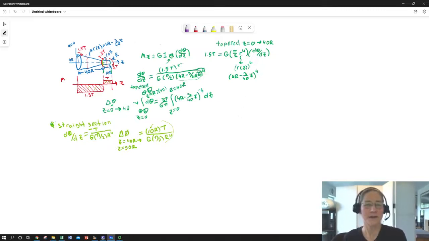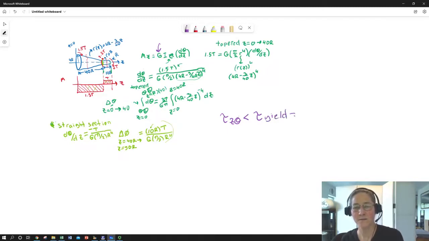Because we know that our material enters in our shear modulus, but ultimately we want to make sure that our tau z theta, which is the only stress we have in the material because we're not squeezing it and this is pure torsion, is below tau yield, which again we're going to assume is the same thing as 1/2 of our tensile yield.